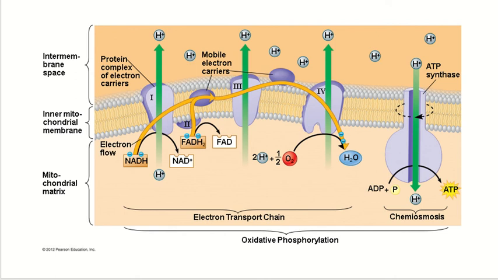However, in addition to that, another goal or purpose of the electron transport chain would be to create a proton gradient, not in the mitochondrial matrix, but in the intermembrane space. A reason why, as you compare the 2 regions, more hydrogen ions are located in the intermembrane space.